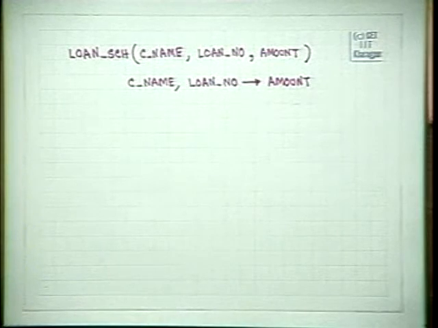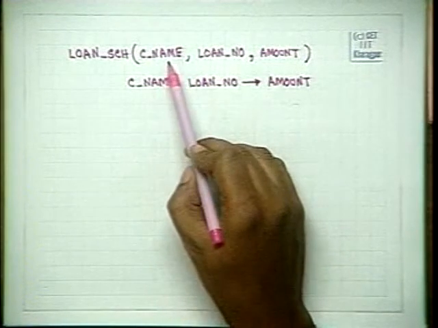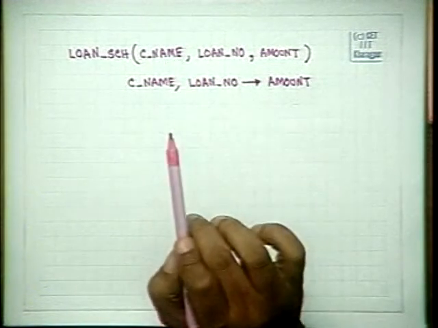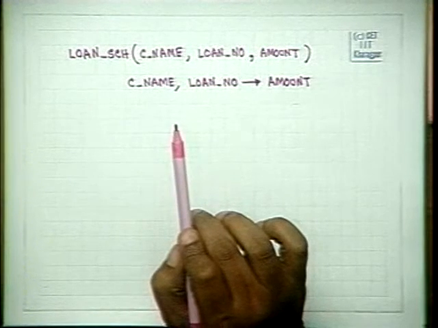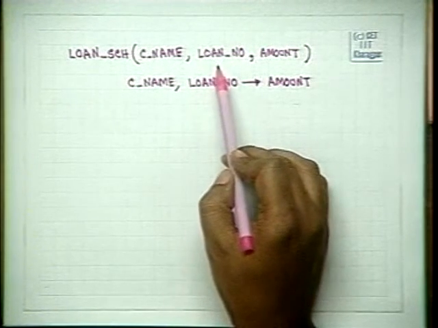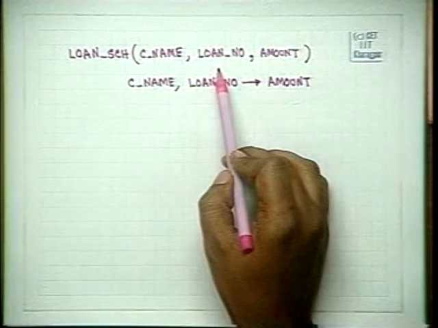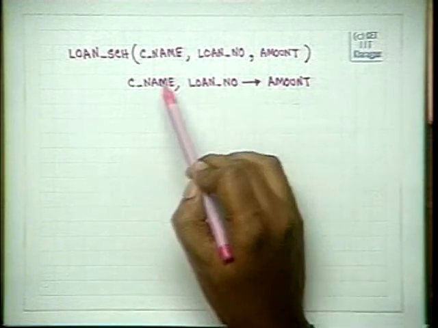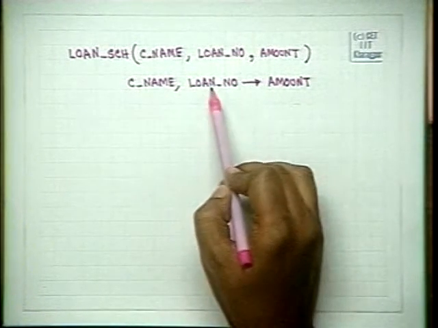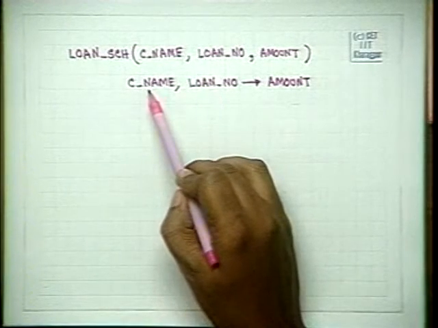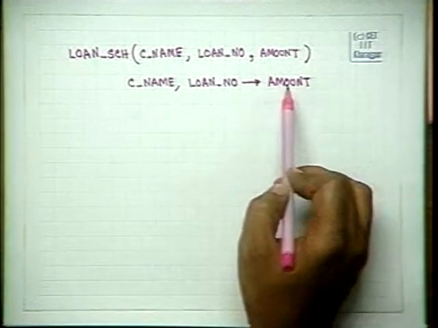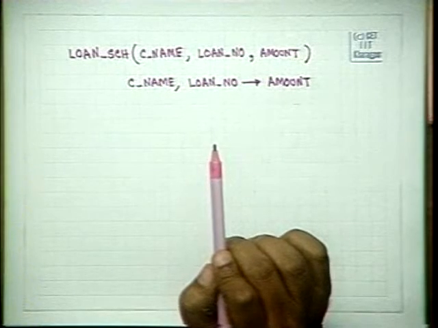This means that a customer can take several loans, but for a particular loan number and for a particular customer name, the amount must be fixed.